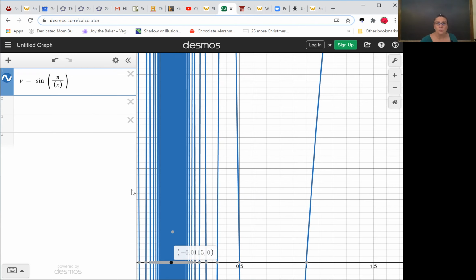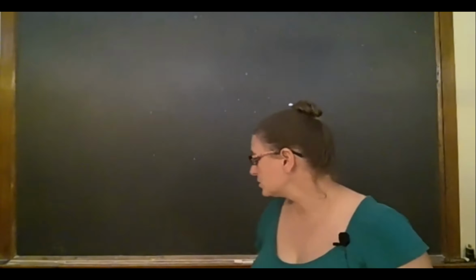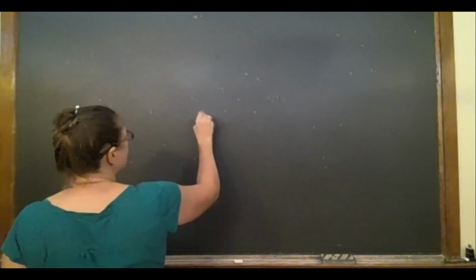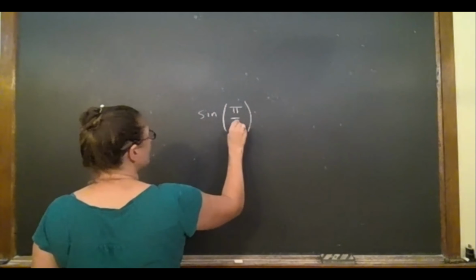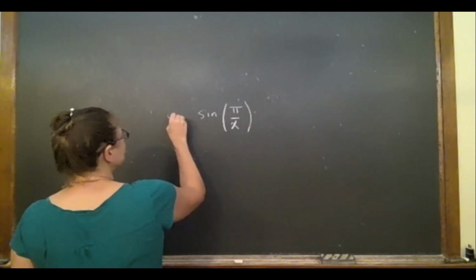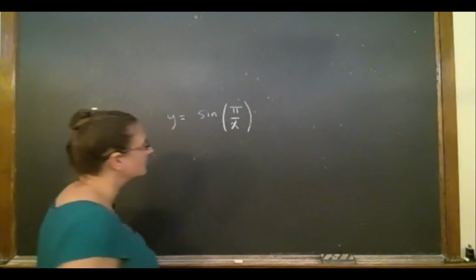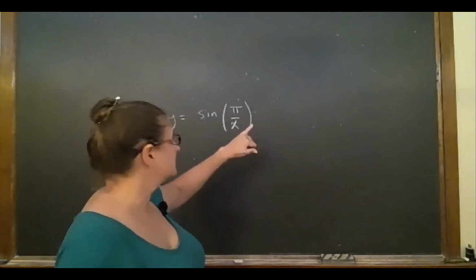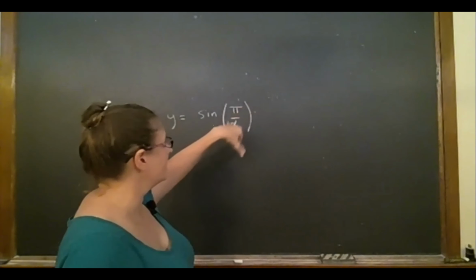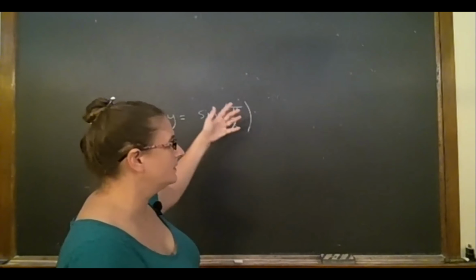But what's actually happening here? Let me stop the screen share for a minute. So what's actually happening is this. The x is in the bottom. And as the x goes closer and closer to 0, you're getting something which is basically bigger and bigger.